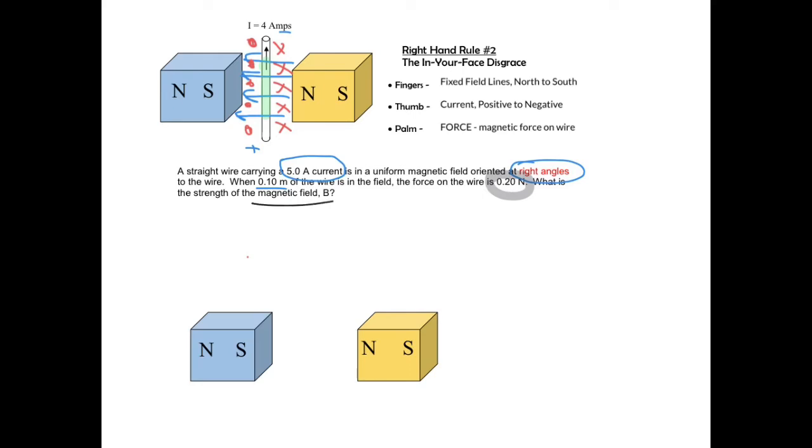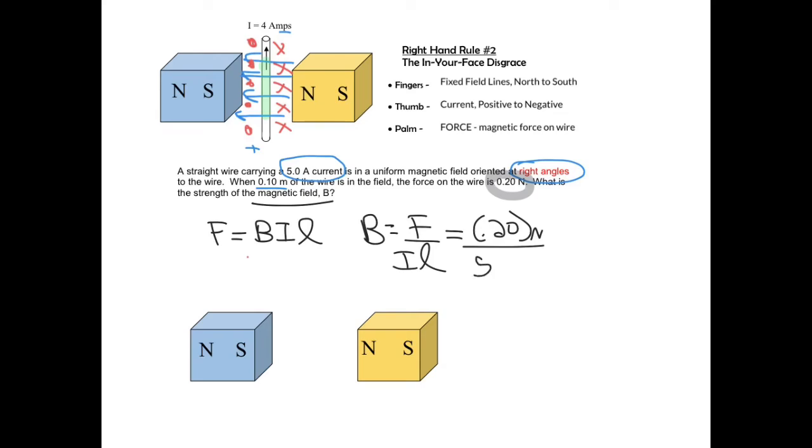So we're looking for the strength of the magnetic field. So our equation, once again, is F = BIL. And if we want to just solve that for magnetic field algebraically, we'll just say B is force divided by I divided by L. Substituting, I'm just going to say 0.20 newtons divided by the current, which is 5.0 amps, and also divided by the length of the wire, which is 0.10 meters.